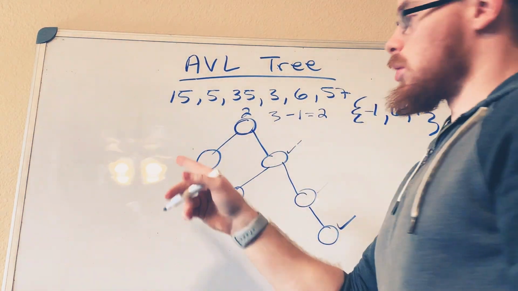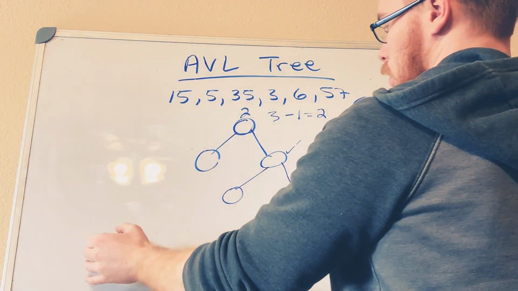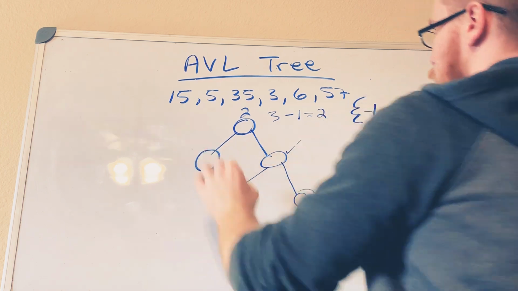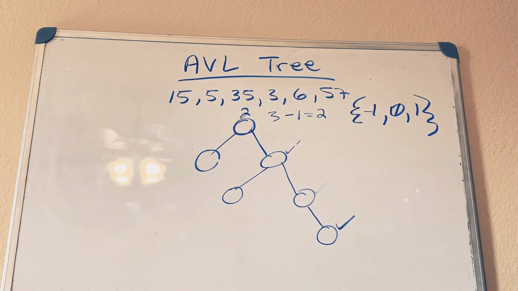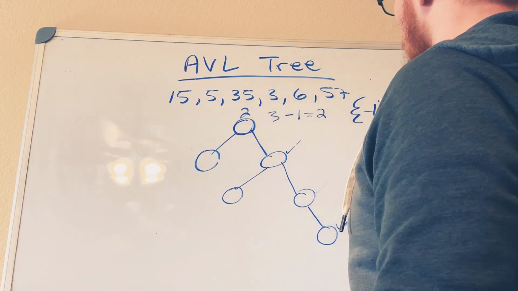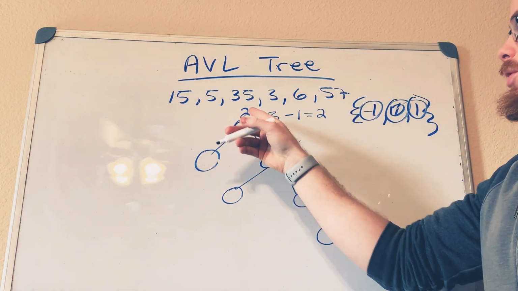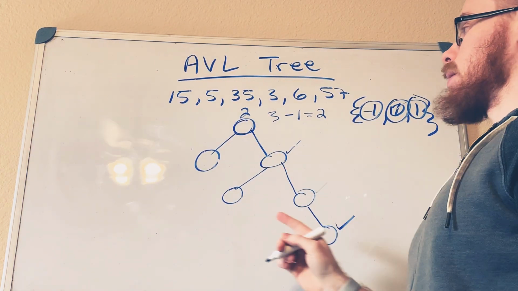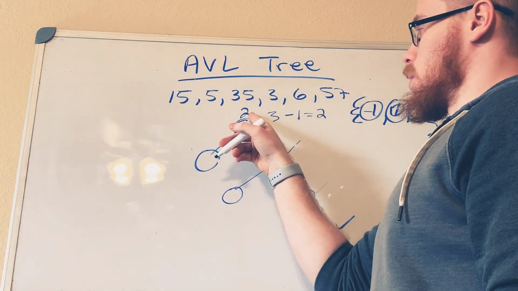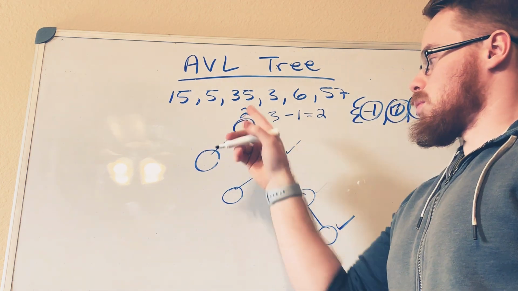So we check every node and see what the balance is: we check the right of the node and the left, and subtract to get the balance, and we do that for every node. If the node is balanced, it is going to be -1, 0, or 1. In this case, we have 2. We can look at this and know it's unbalanced, but now that we did the calculations, we know it's off by 1, because it's not a -1, not a 0, and not a 1.